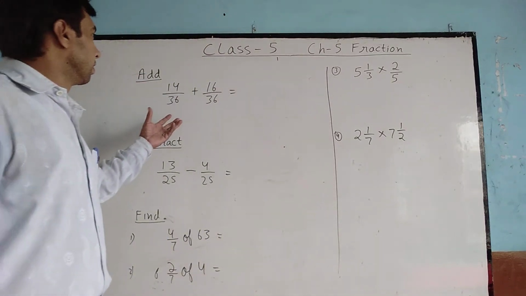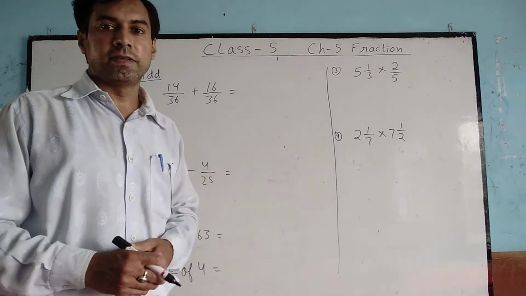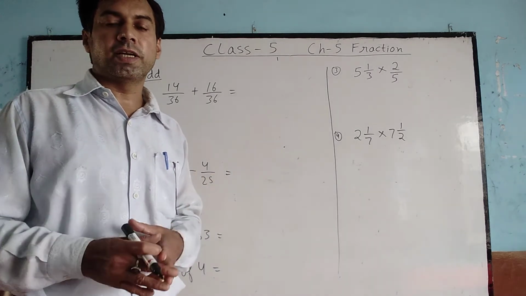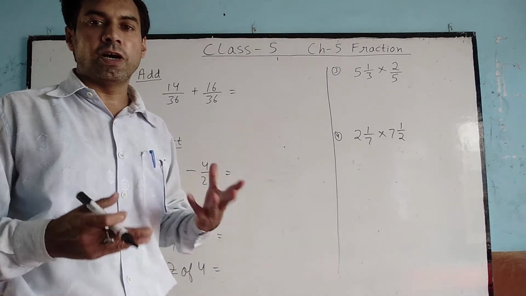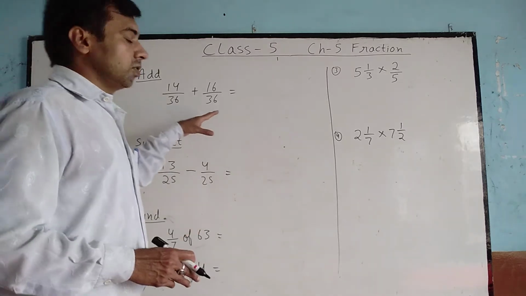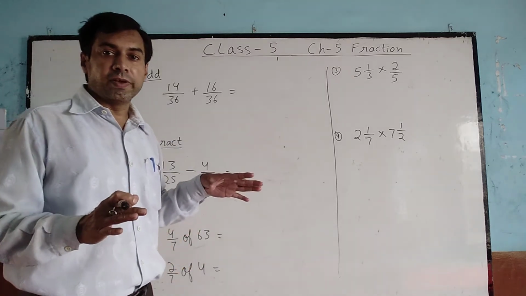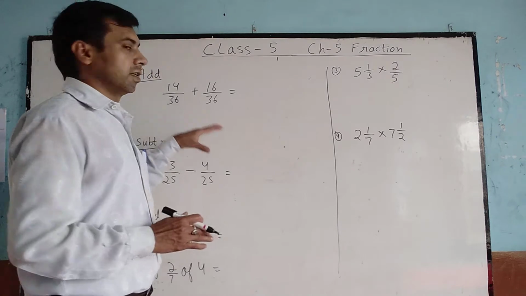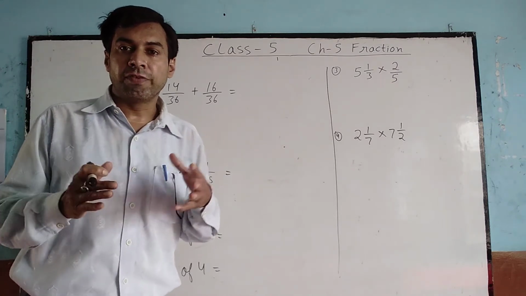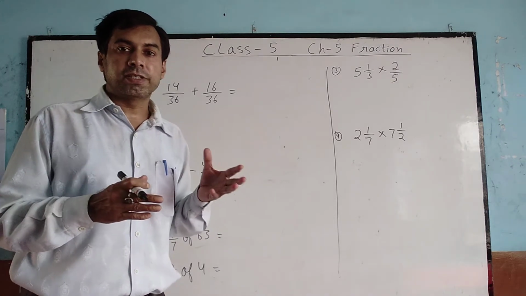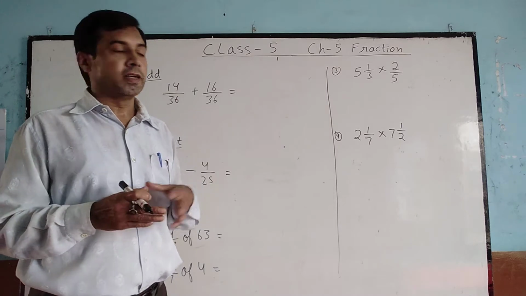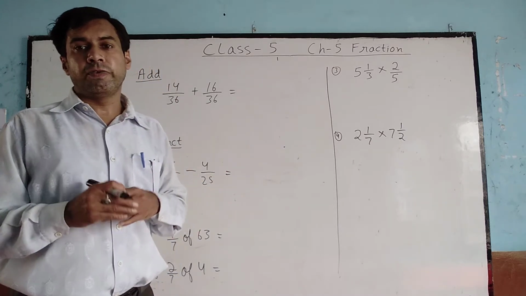Now student, how to add? If two fractions or three fractions are given, how to add? Student, before adding, what do we have to do? We have to see whether the given fractions are like fractions or unlike fractions. If they are like fractions, we have to do nothing.